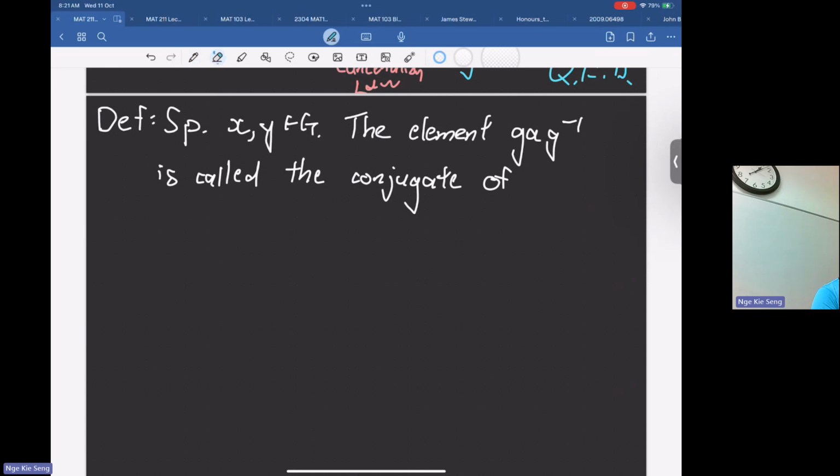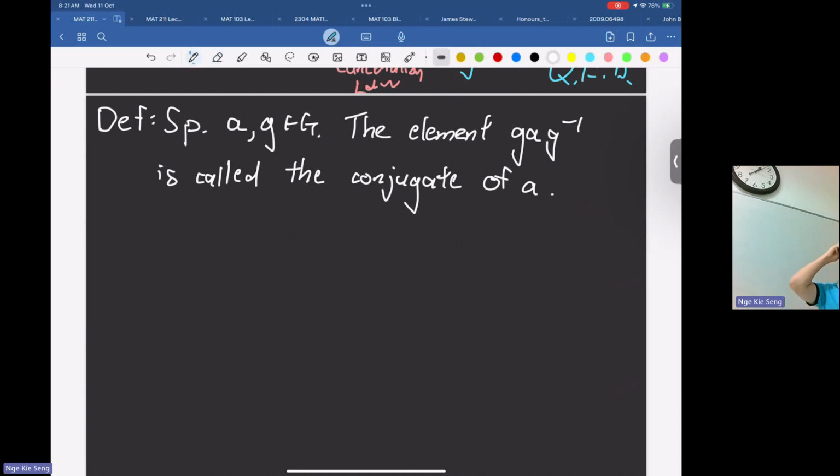What am I doing? I want to choose x, y, or g, a. Okay, maybe just choose g, a. So let's take g and a. Okay, and then the element g inverse. G inverse is called the conjugate of a.